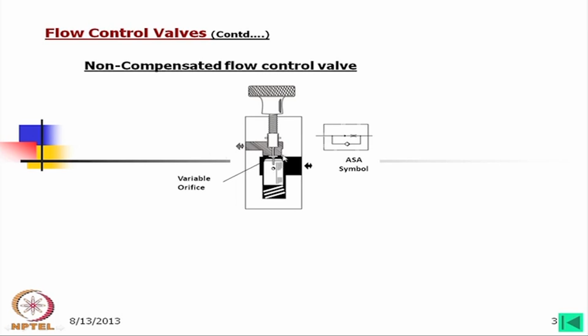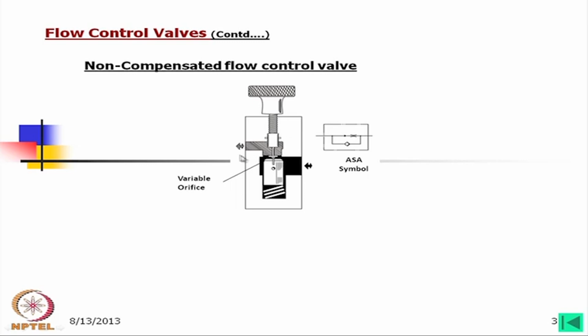Here this orifice is variable, the area of which can be controlled by rotating this knob. So, depending on the area, the flow will be throttled and there will be control of flow. That means the amount of flow rate will reduce or increase depending upon the orifice area allowed to flow.